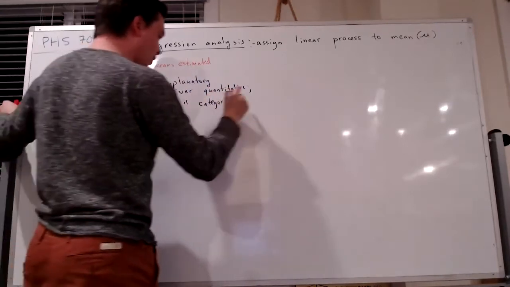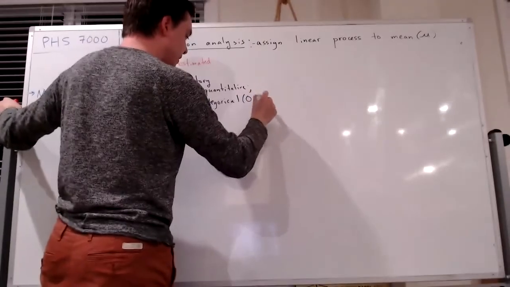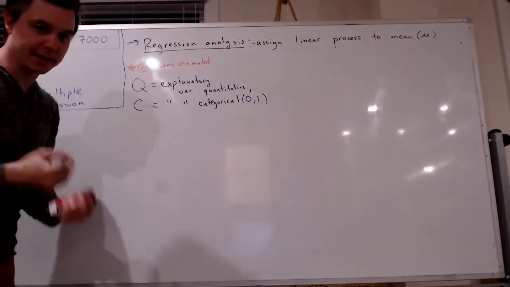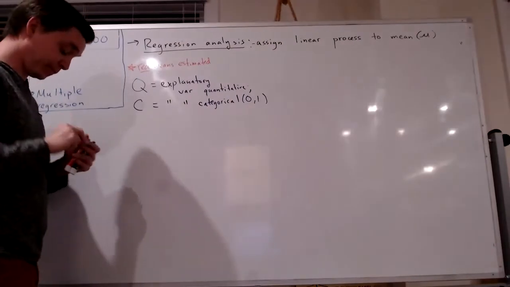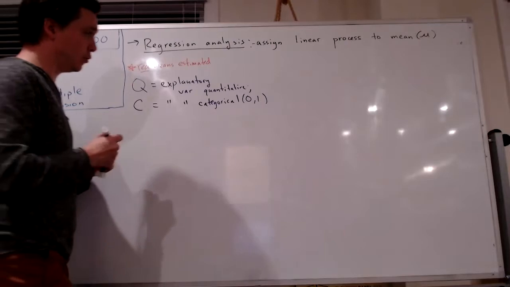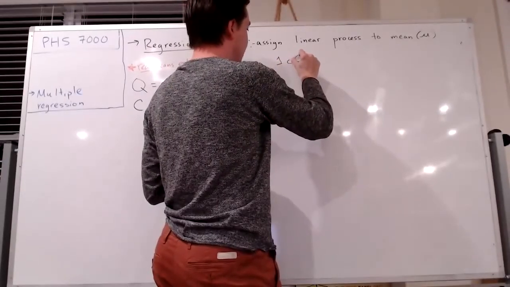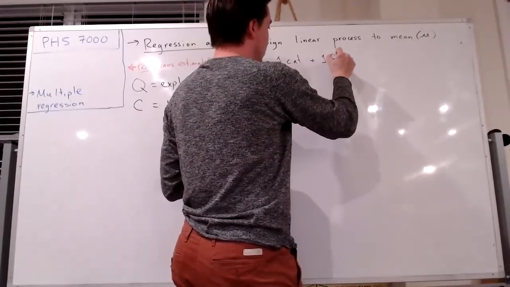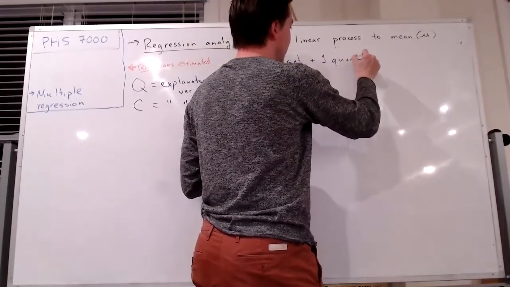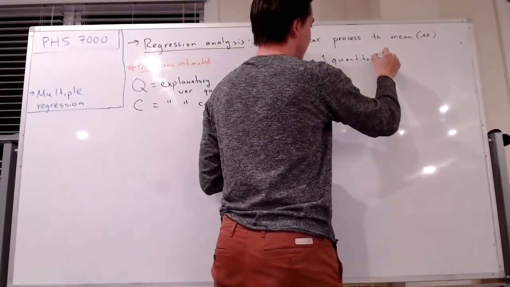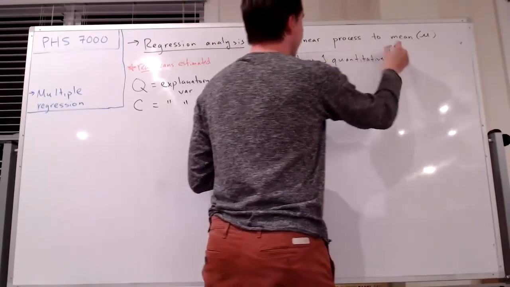And when I say categorical, it has two levels. It's some 0 level and a 1 level. So the first model we're going to go with is 1 categorical, 1 quantitative variable. I'm talking about explanatory variables.